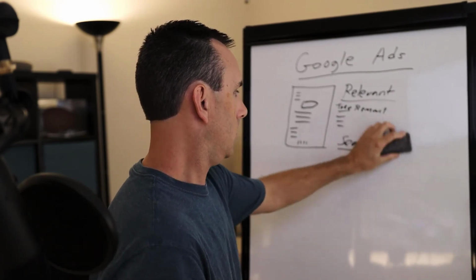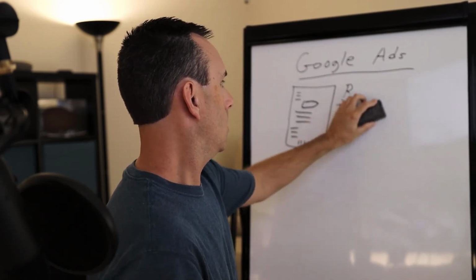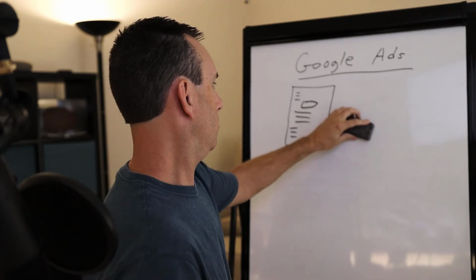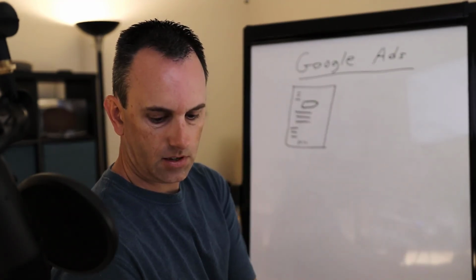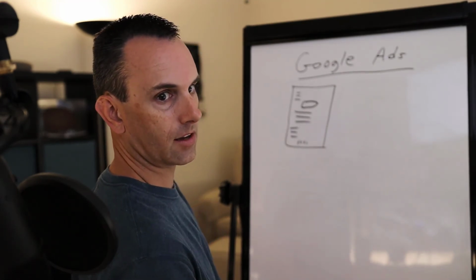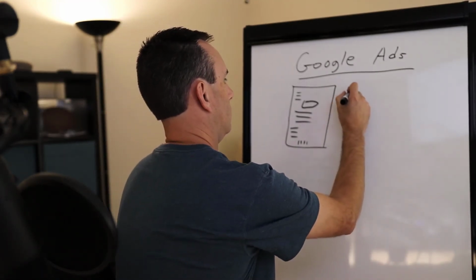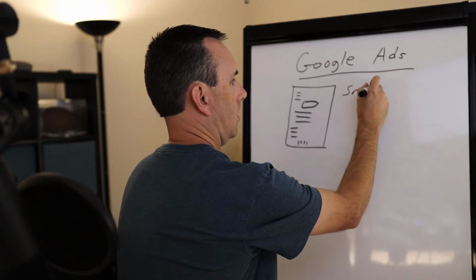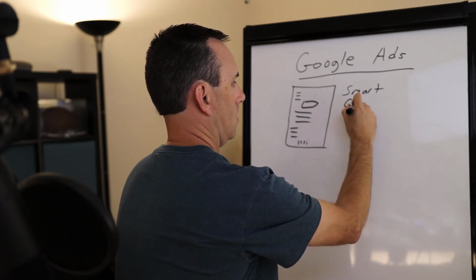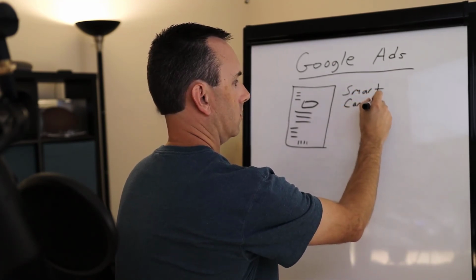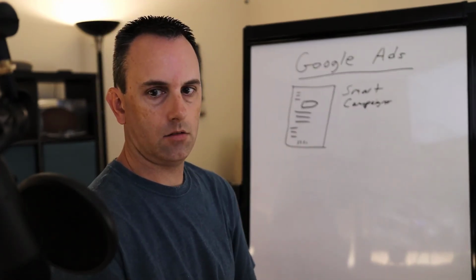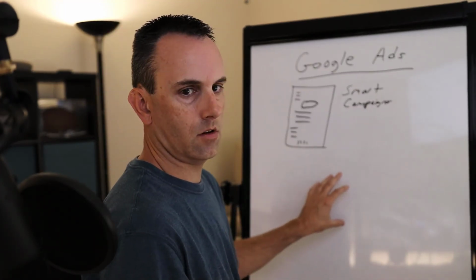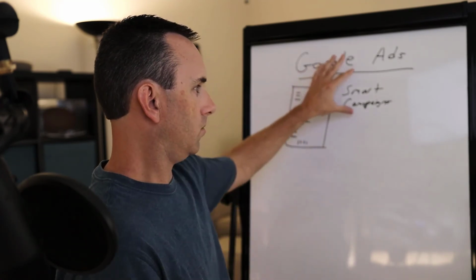Something else I wanted to cover real quick is something I'm seeing a lot of people do, and it's a big mistake. It's called smart campaigns. Google has figured out that a lot of companies are struggling to build campaigns inside of Google Ads, so they came out with smart campaigns.